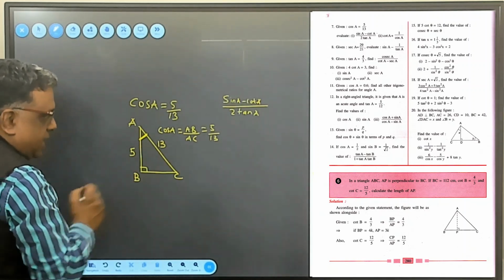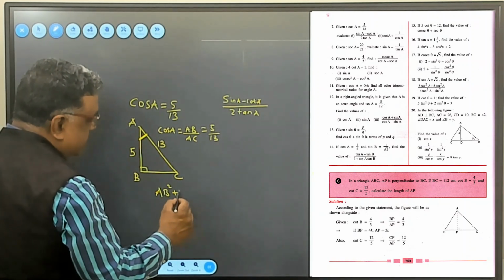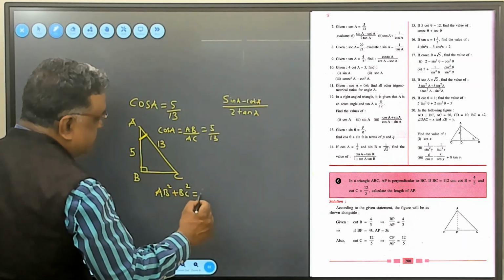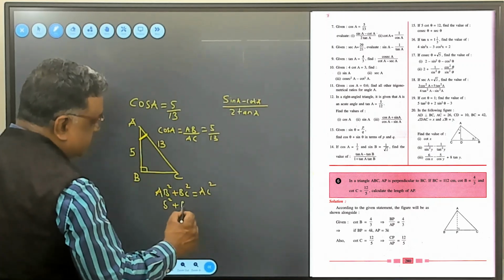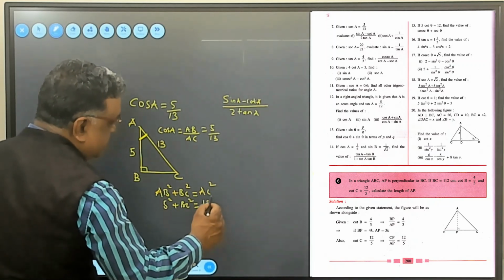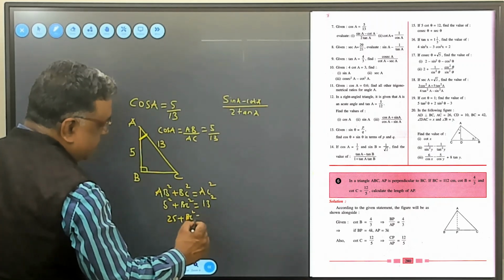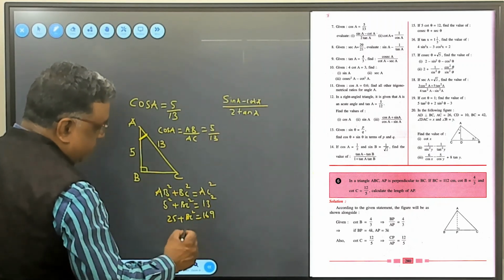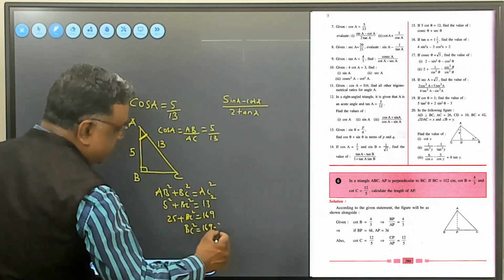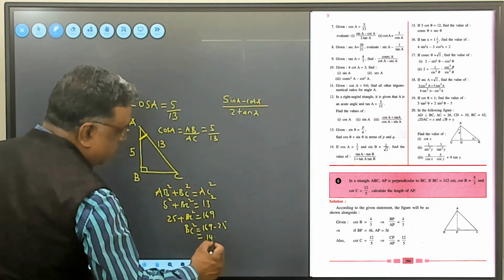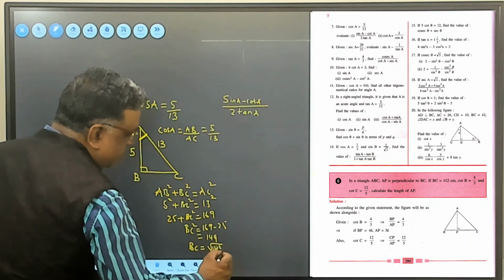Now this is a right angle triangle, which means AB square plus BC square is AC square. So 5 square plus BC square is 13 square. So 25 plus BC square is 169, which means BC square is 169 minus 25, which is 144. So BC becomes square root of 144, which is 12. Correct?